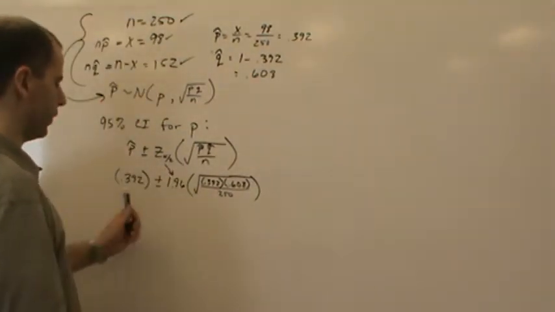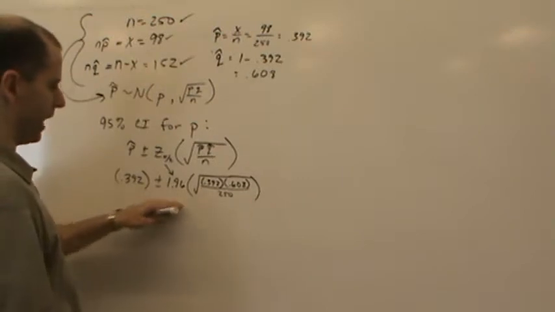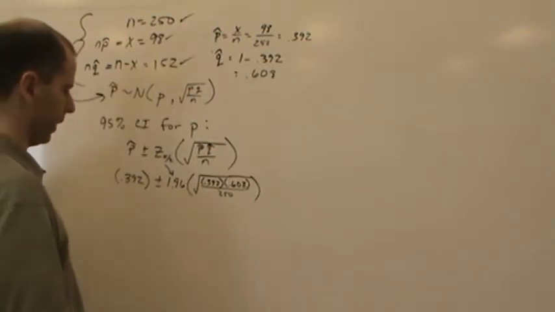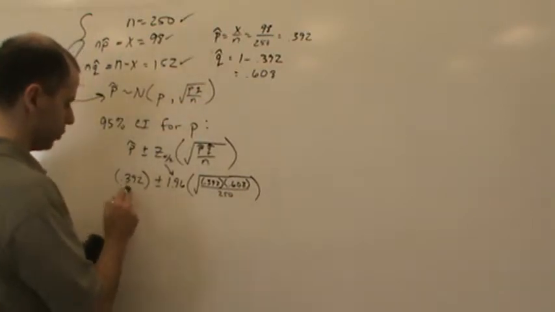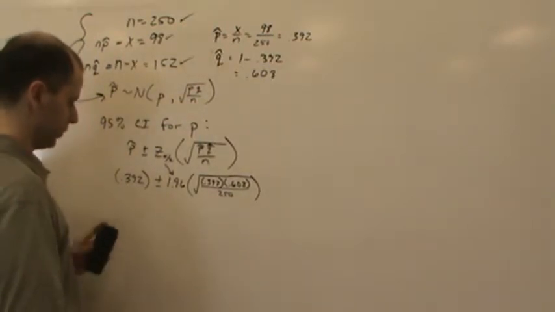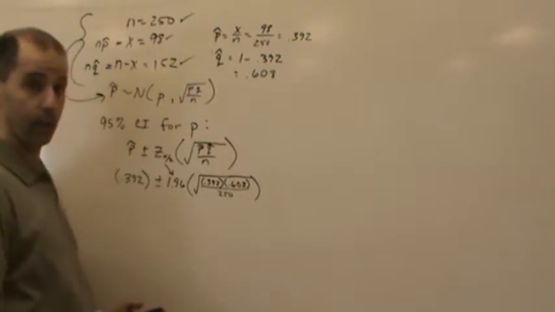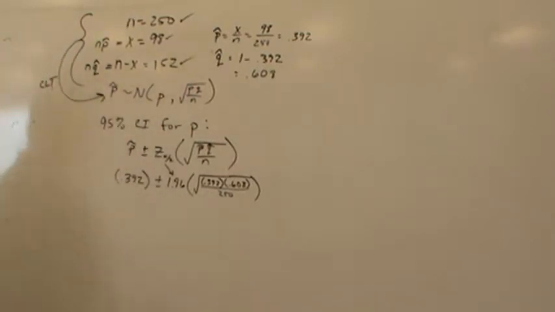If you have any questions, reach out to me, but I've got it all set up. All you have to do is plug it into your calculator. This is the margin of error piece, and then you just add and subtract from the point estimate, which is 0.392, and you're done. Just keep that in mind, and you should be fine.